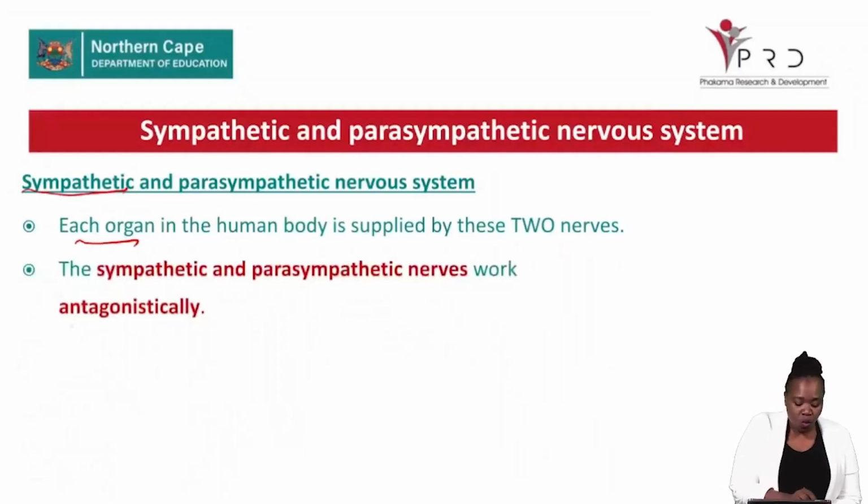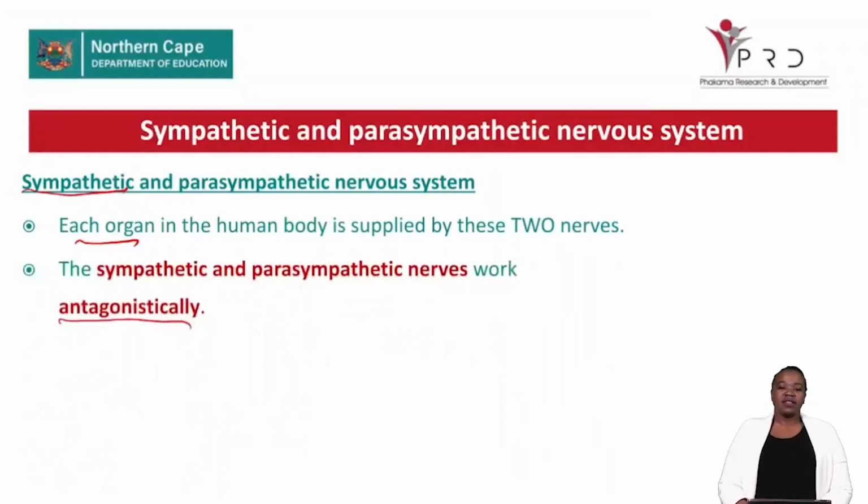Now they work antagonistically, meaning that they do not work exactly at the same time. You cannot have contraction and relaxation of the muscles at the same time and expect to have a good reaction. Right. So they work antagonistically, meaning that they work opposite each other. When one of the muscles relaxes, the other muscle would contract.